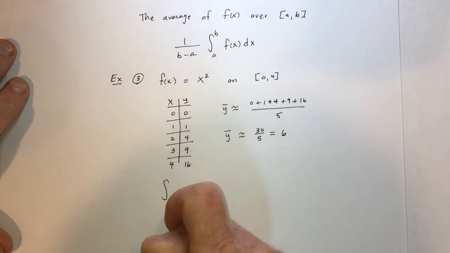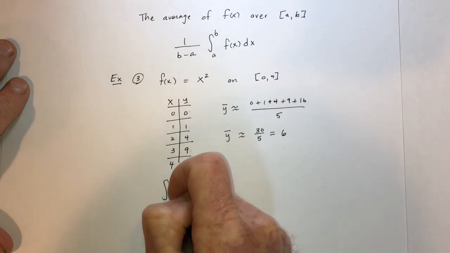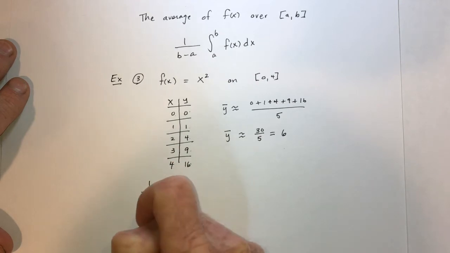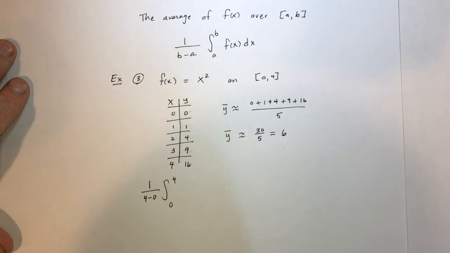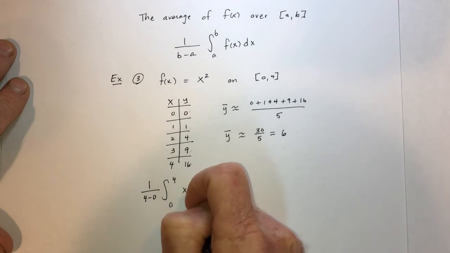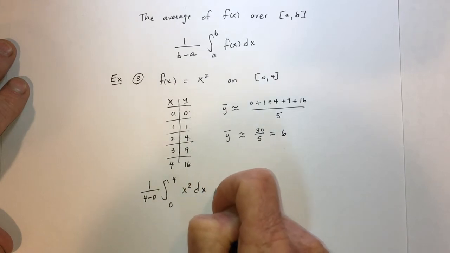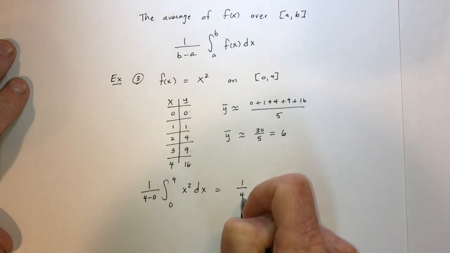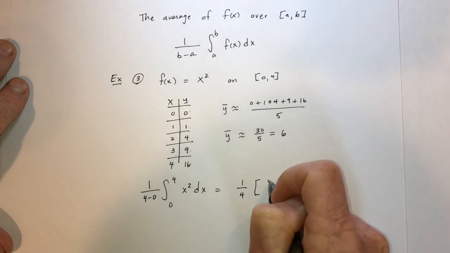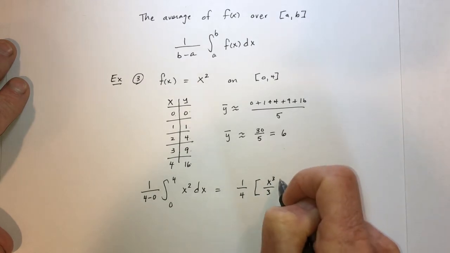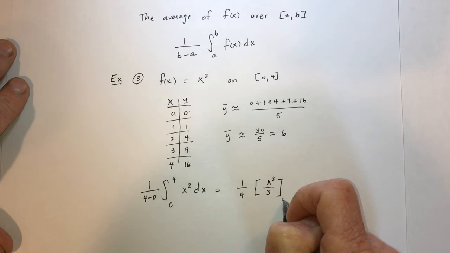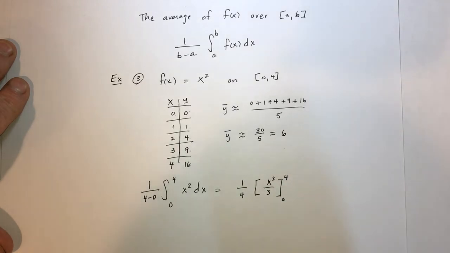So integrate from 0 to 4, multiply by 1 divided by the length of the interval, and we're integrating x squared. So that's going to be 1/4 of x cubed over 3, evaluated from 0 to 4.